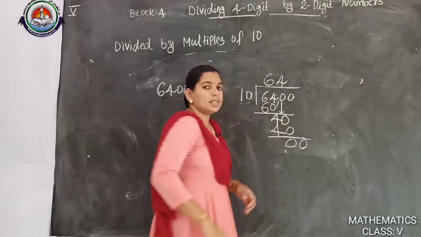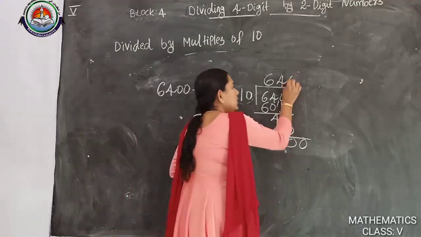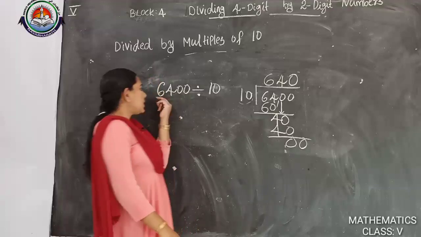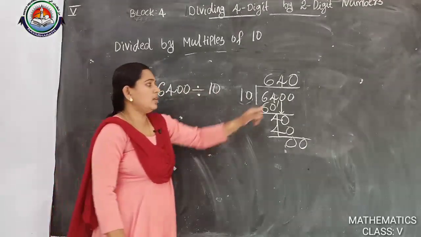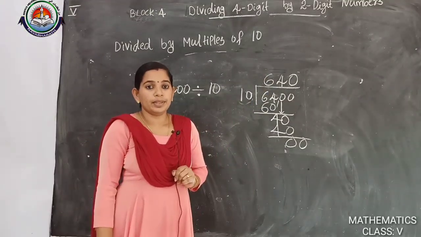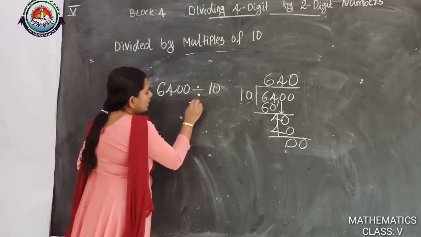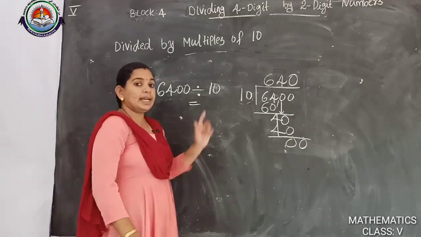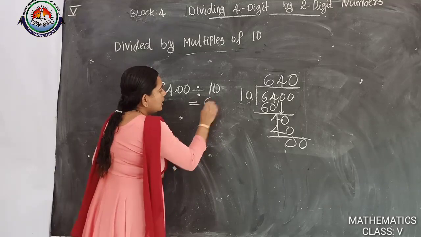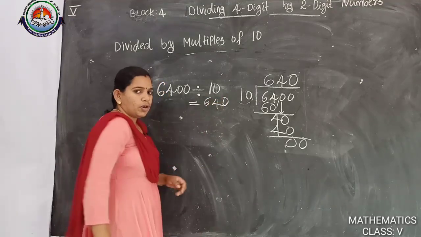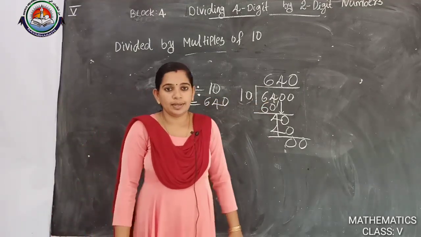In 0 how many tens are there? Only 0. So we put 0. So 6,400 divided by 10 you get 640. Okay, 6,400 divided by 10 is 640. This is the long division method.